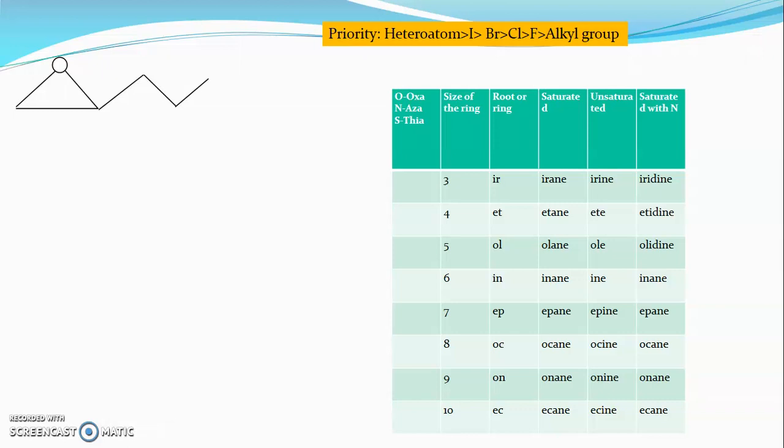Now in this case, oxygen will be the priority, so numbering will start from oxygen. At number 2, because there are no halogens, obviously there is an alkyl group. At the 2 position there is a propyl group, so the name will be 2-propyl oxirane, as this is a 3-membered saturated ring containing oxygen.